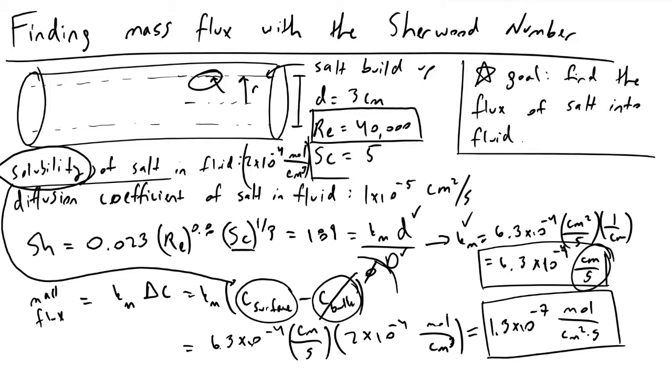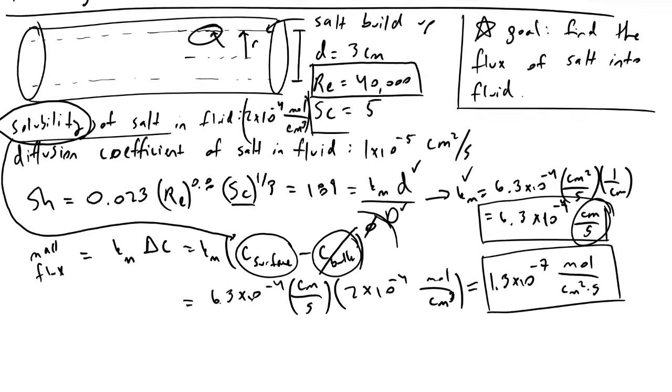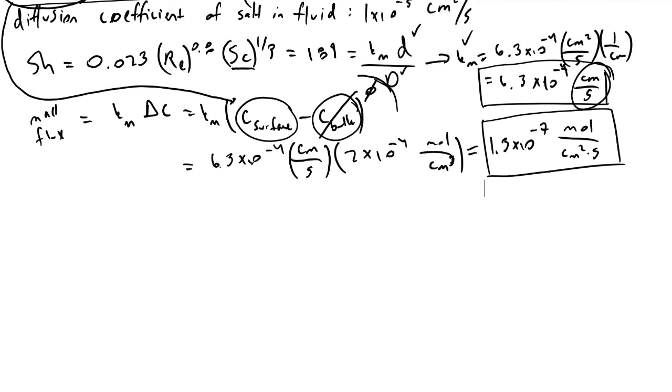And another thing I would like to reiterate here is sometimes you'll get curveballs on exams and they're going to ask you to give your mass flux in terms of moles per square meter per second. And so if we wanted to do that, it would be as simple as multiplying it by the appropriate conversion factor, which in this case we'd have 1.3 times 10 to the minus 7 mole per centimeter squared per second.